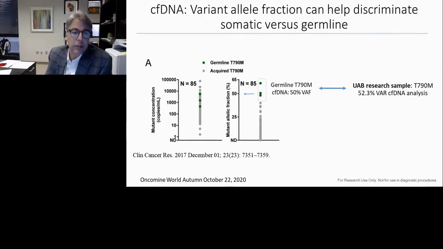Reviewing the literature, we discovered a paper published in 2007 showing that when you sequence EGFR variants using cell-free DNA, germline variants have a variant allele frequency around 50%, shown by the green dots on the right bar graph, whereas somatic variants, depicted by the gray dots, have a much lower variant allele frequency.